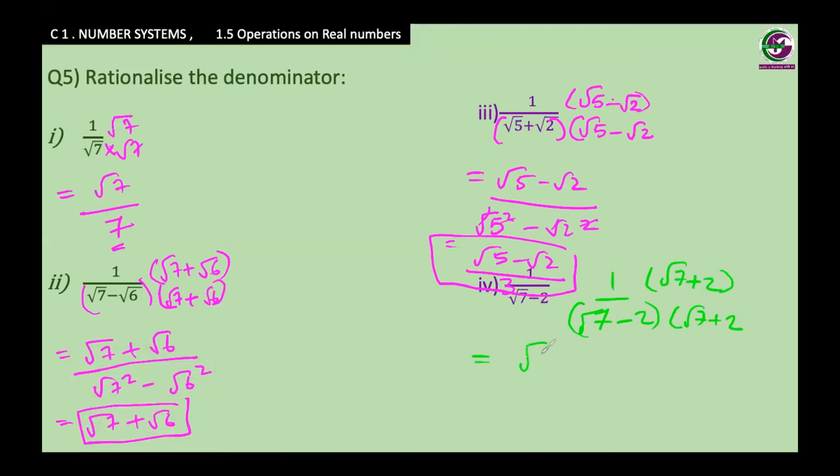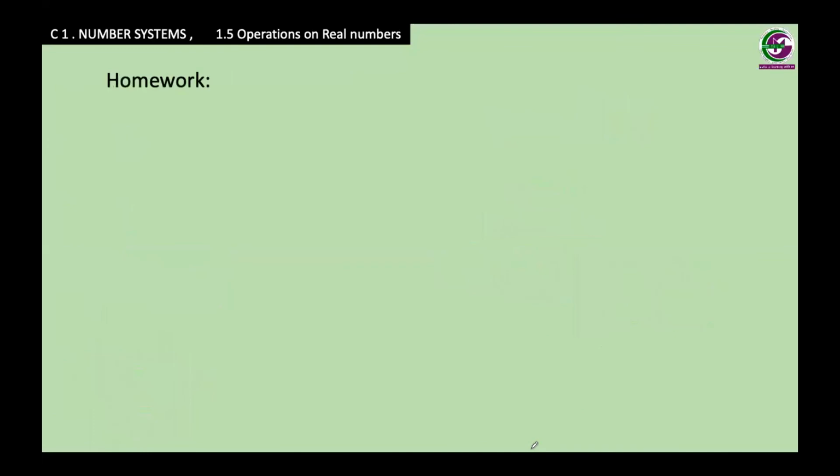So we have root 7 plus 2 divided by a square minus b square, which is 7 minus 2 square. 2 square is 4. So what's your final answer? Root 7 plus 2 all divided by 3. Is it okay? Great. Let's move on to the end of the lesson, which is your homework session.